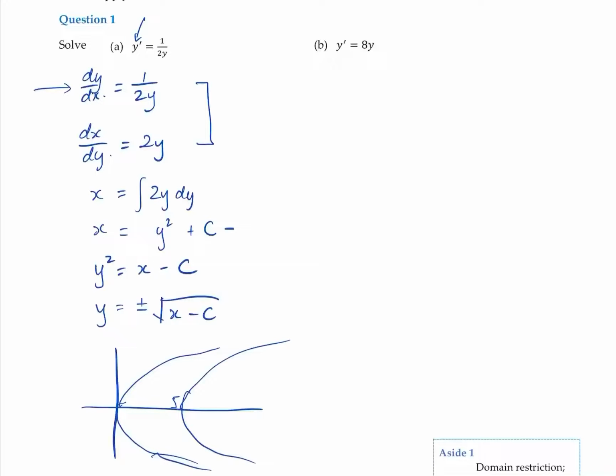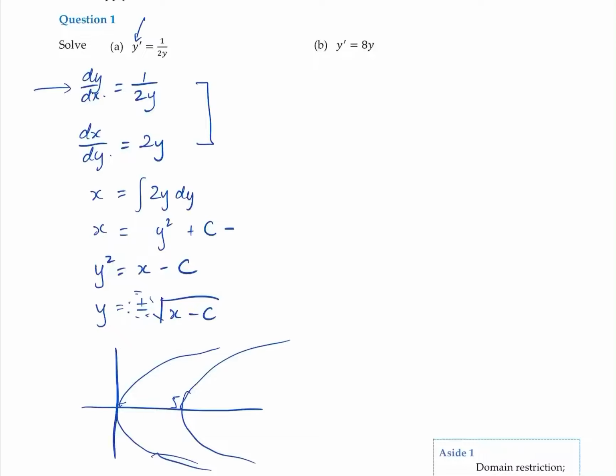If we had a value that we needed to solve to find c, we'll see later, then we might choose between the plus and the minus, but for now this is a good general solution, and that's what we're after.